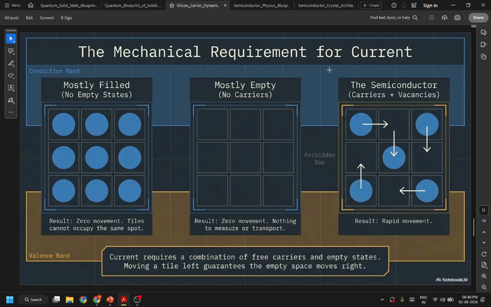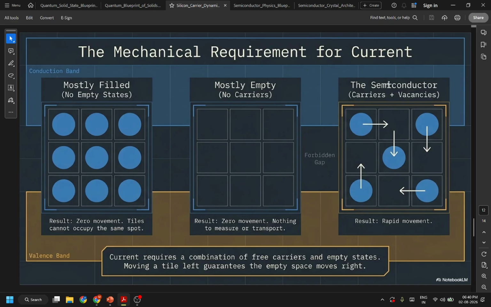So, the mechanical requirement for current. If a band is completely filled, where there are no empty states, there will be zero movement because electrons cannot occupy the same spot. Similarly, if it is almost completely empty, there are no carriers, so again there is zero movement because there is nothing to move, which is the case in the valence band and conduction band of insulators.